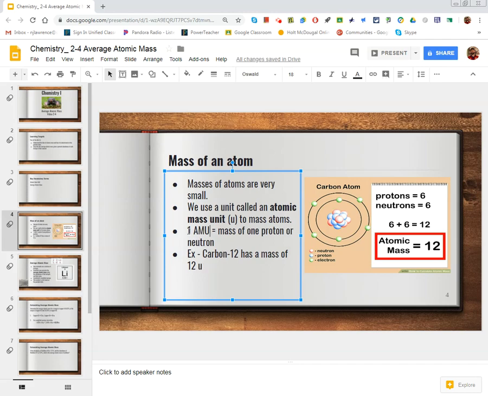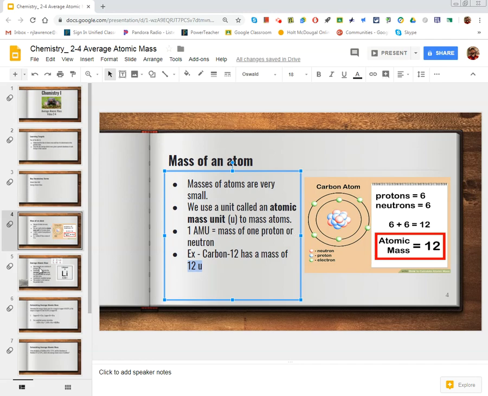So we determined that 1 AMU is equal to 1 proton or 1 neutron, and carbon-12 is called carbon-12 because it has a mass of 12 AMU, because we know it has 6 protons and 6 neutrons. Again, not a super complicated idea, it's just something you've got to accept. AMU is the unit and is defined as the mass of 1 proton or 1 neutron.